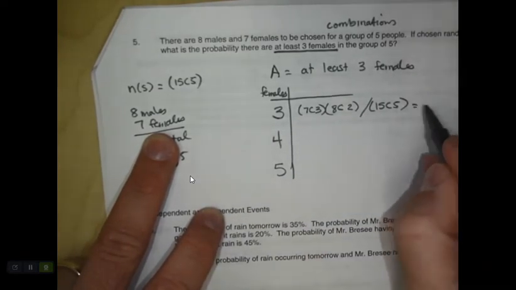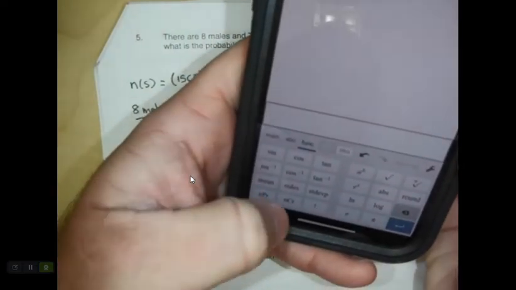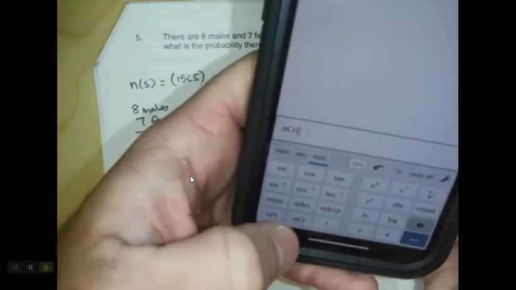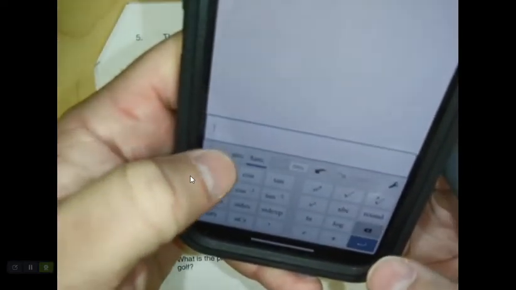I need 3 females, 2 males. Get that? And I can go to my calculator. I can find the nCr button on my calculator. nCr, let's actually start with a fraction.